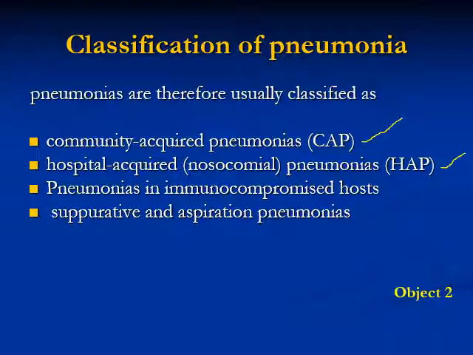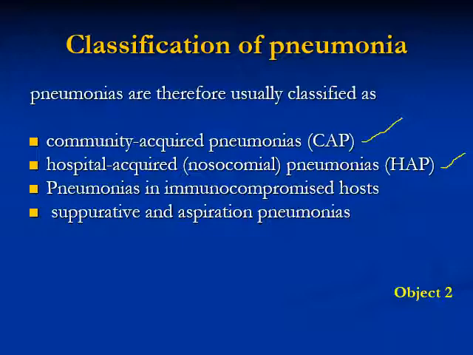Then pneumonia in the immunocompromised host: patients who are immunocompromised, like patients with malignancy, patients receiving immunosuppressive drugs, or patients with diabetes mellitus and others. Why do we put this term separately? Because it depends on which microorganism causes pneumonia in the community, in the hospital, or in the patient who is immunocompromised.